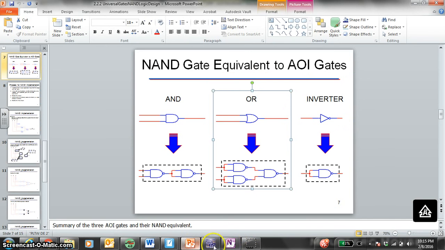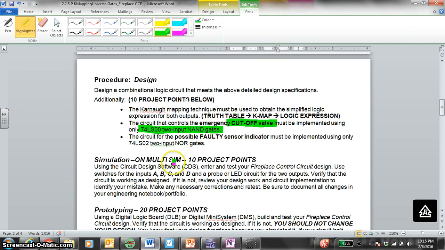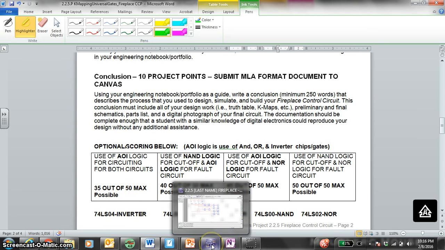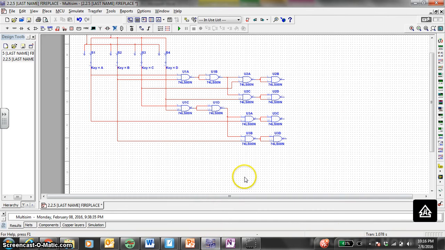Remember, to earn maximum points, you have to physically circuit the cutoff valve with NAND gates. That's a whole part of this project. However, if you want to circuit using AOI logic, you will be sacrificing part of your project points. So it is up to you, whatever you want to physically circuit. But to make sure you physically circuit correct, in the NAND world, we might as well.